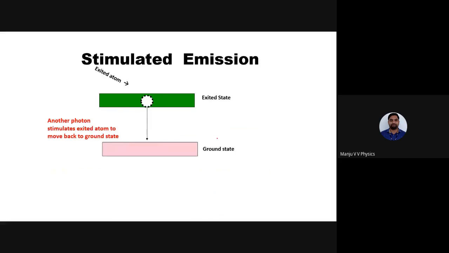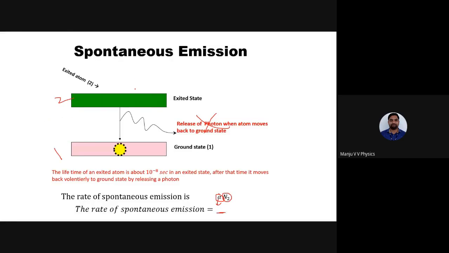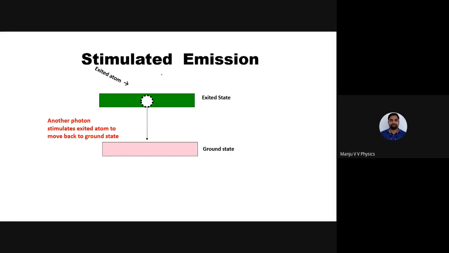Coming to the next process, stimulated. Now we have understood induced absorption, spontaneous emission, and the last one is stimulated emission. What is the meaning of stimulation? You are motivating, disturbing.